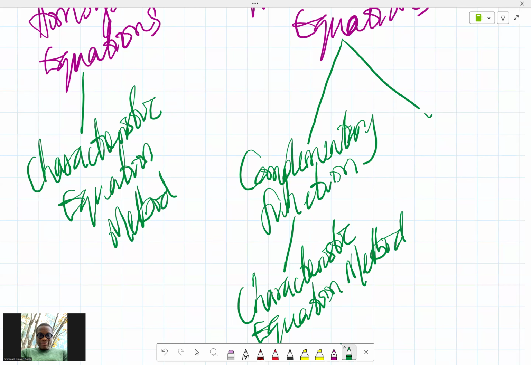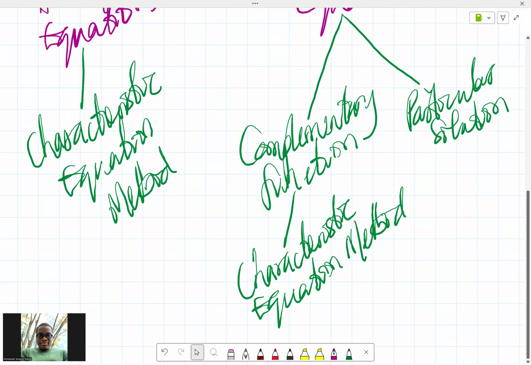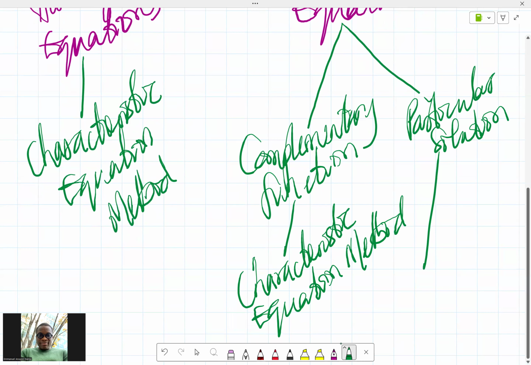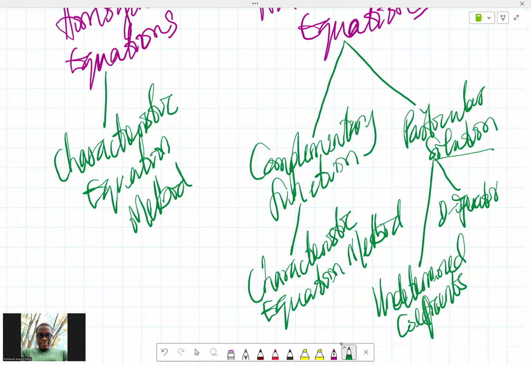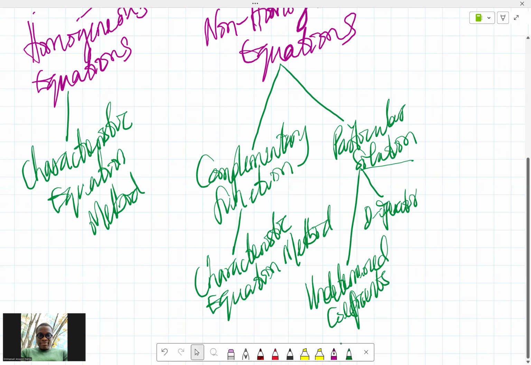But then we also have a particular solution, which takes into account the external forcing, which makes the equation non-homogeneous. And here we saw methods like undetermined coefficients, the operator technique, the operator method of solution, and we also saw what we know as variation of parameters.